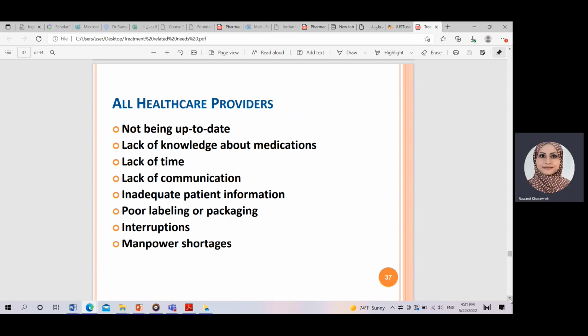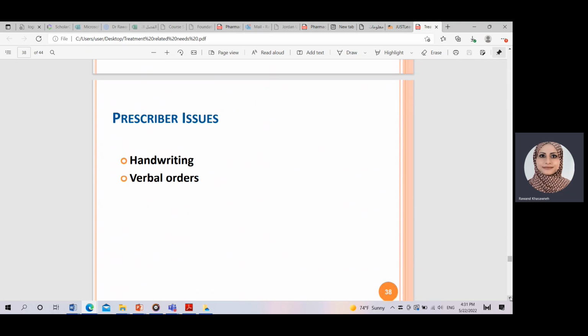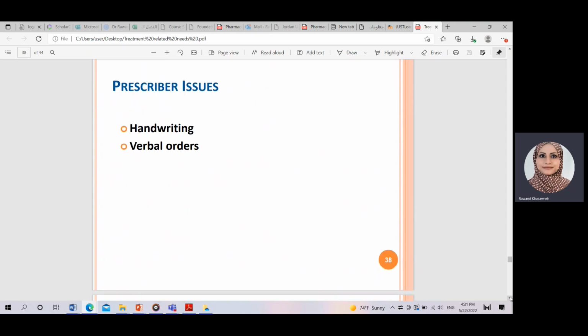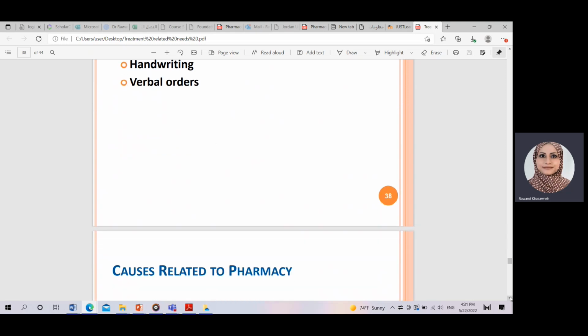Handwriting is a major cause of medication errors. Many of the physicians were asked to go to handwriting schools, and there is talk about stopping handwriting and switching to automated or electronic prescribing. Besides, verbal orders can be problematic, especially with sound-alike medications.